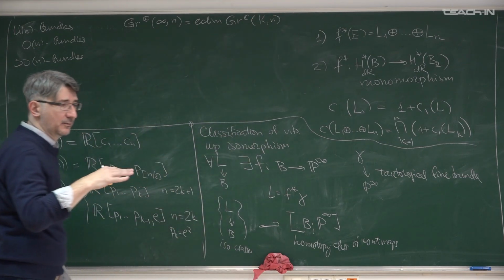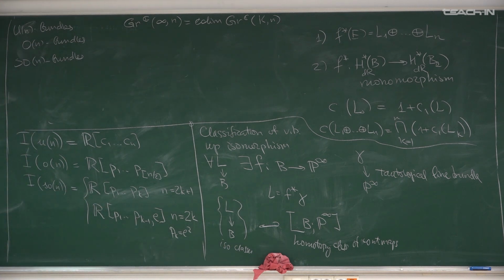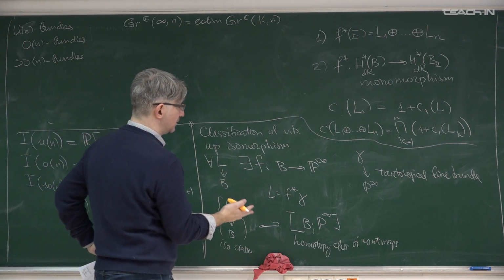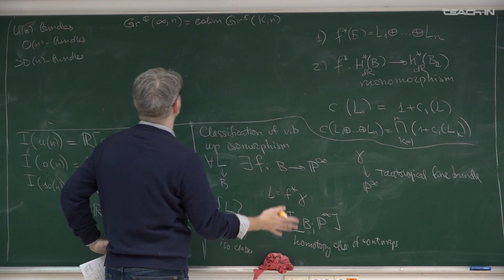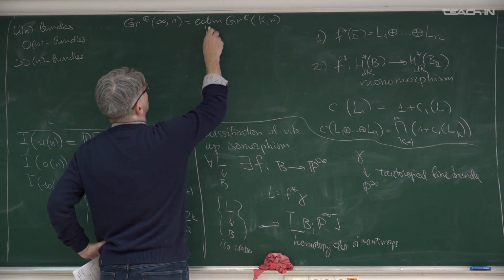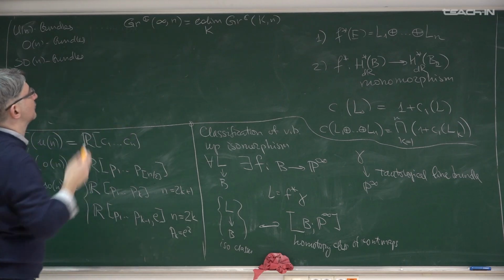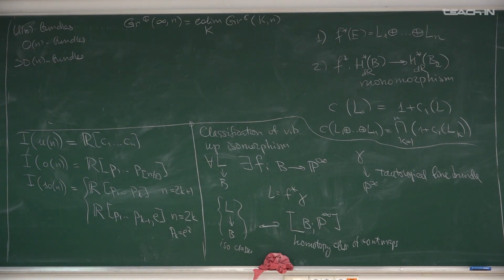So you take a finite-dimensional vector space of dimension k. Inside that you consider n-dimensional planes, and the space of these planes is the Grassmannian. The definition is similar to the definition of projective space. Then you take the direct limit over k. This guy is the Grassmannian. Is it okay? I believe that most people in this room know what a Grassmannian is and why it classifies vector bundles.